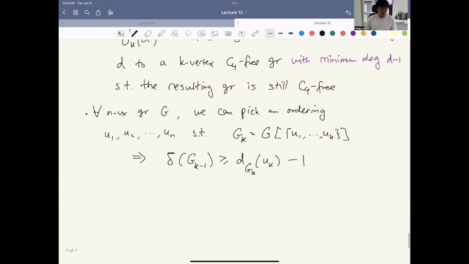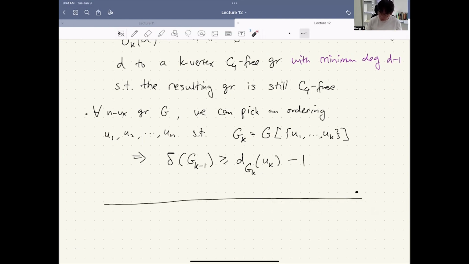Why is this true? This is easy. We just always pick it from back to the front. You always pick UN to be the minimum degree vertex. Now you remove it.